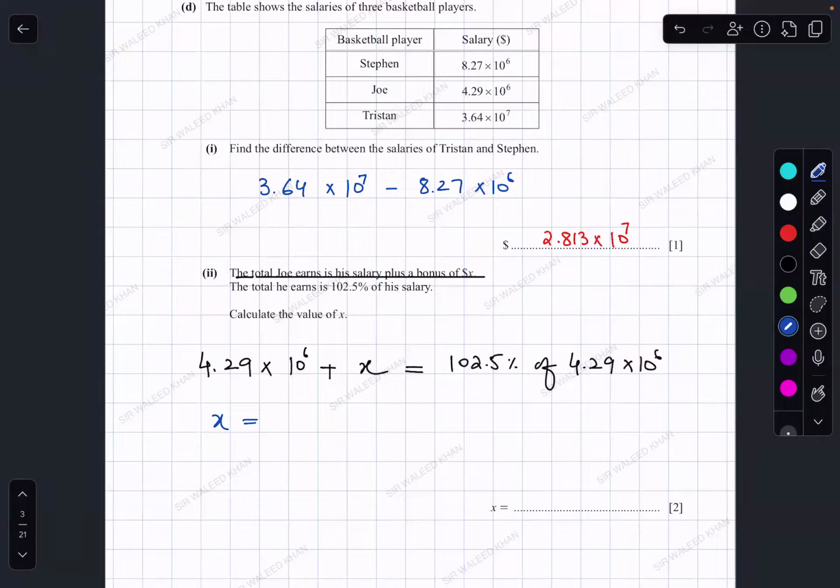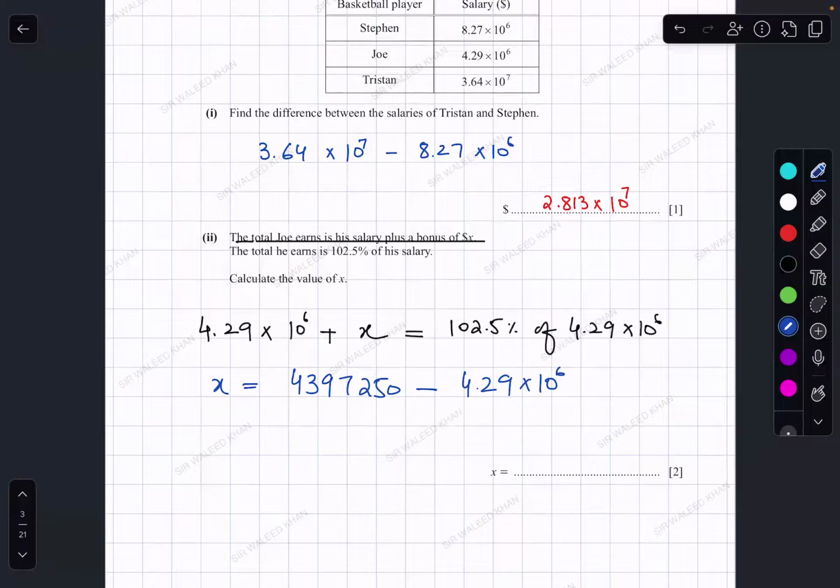So we have 4,397,250 for this one, right? Minus this value, we will get the value of X. So this should be 107,250.